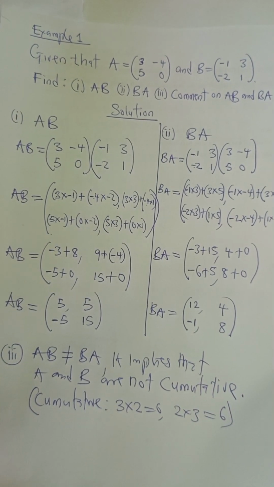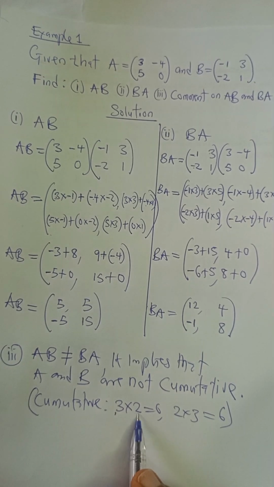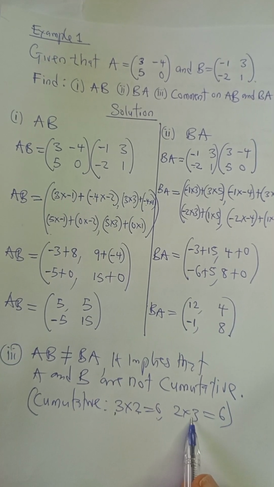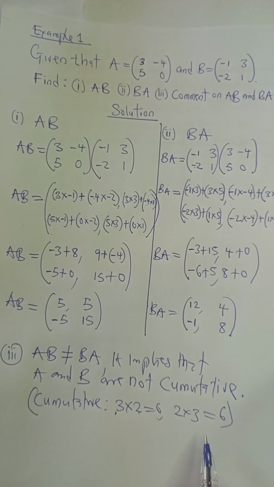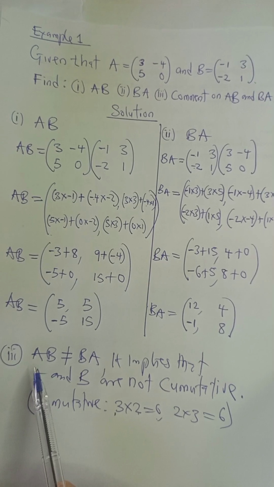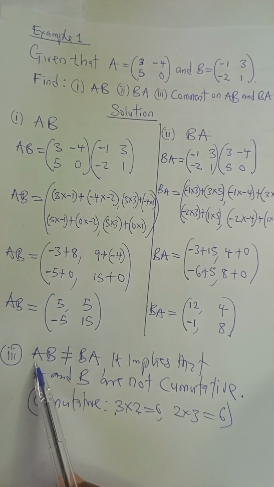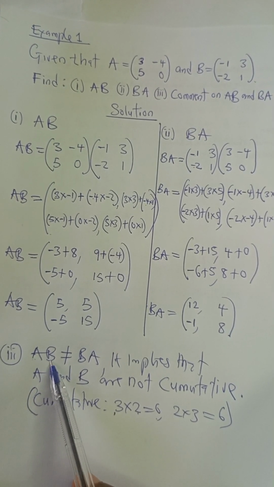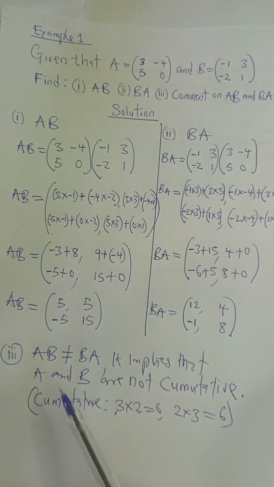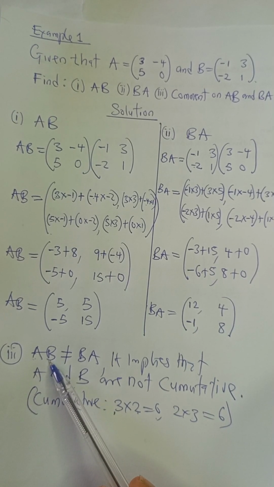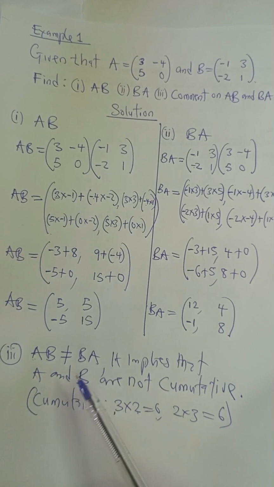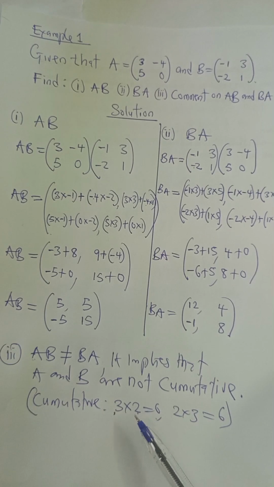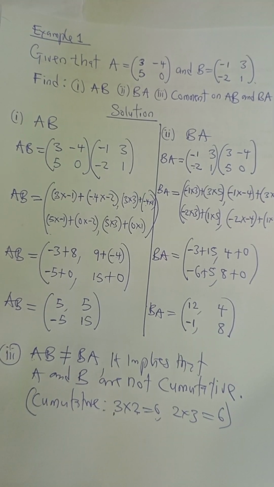That is commutative. It doesn't matter the one that comes first. But for matrix, A and B are not commutative. A times B is not the same thing as B times A. Does that make sense?